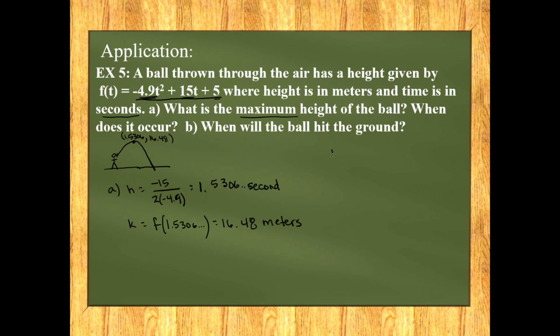Okay. Now for question B, it wants to know when it hits the ground. It wants to find this point. So that means I'm going to take the function and set it equal to 0. Well, this is a quadratic, and I'm finding its root, so I'm just going to use the quadratic formula.